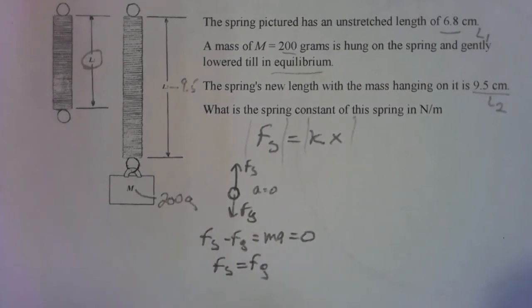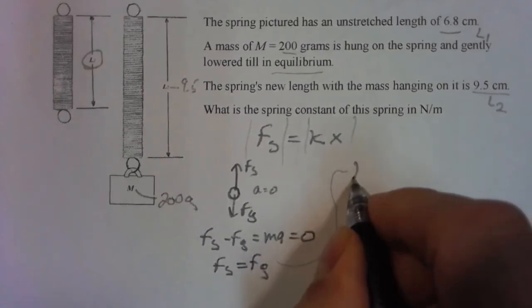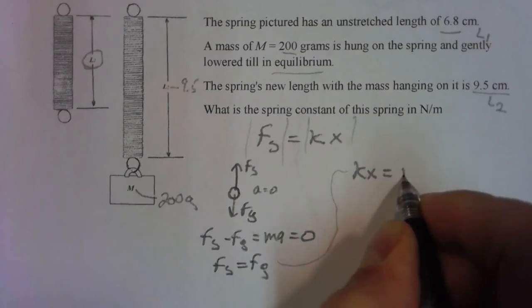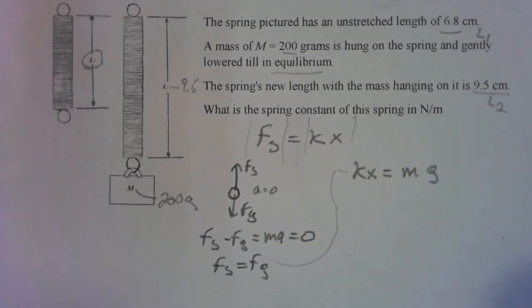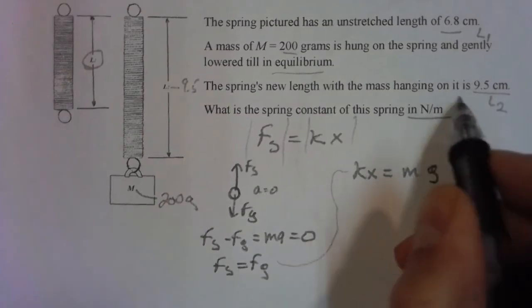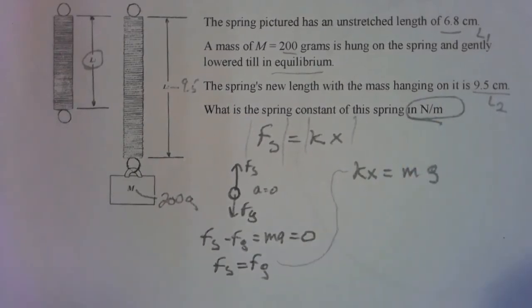And again, that's only because it's in equilibrium, because it's balanced, it's not accelerating, it's just hanging there. Well, we know that kx is going to equal mg, but we've got to make sure all our units are correct. We want the spring constant in newtons per meter. So we're going to have to change everything to newtons and meters.